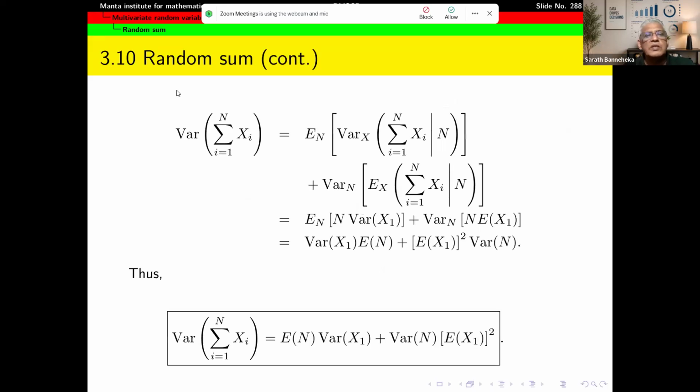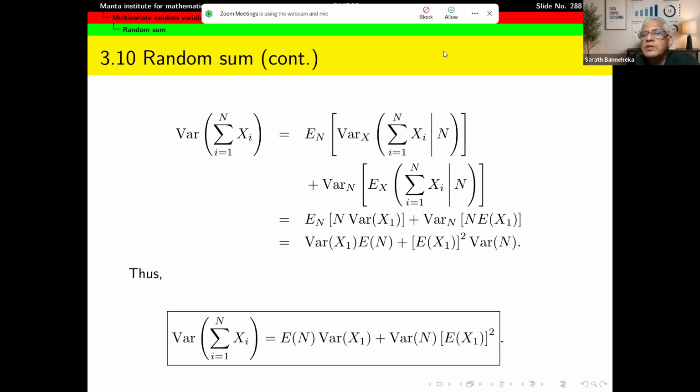Here we talk about a new topic called random sum, and some examples. What does random sum mean? We have already looked at a lot of situations where the quantity of interest is the sum of a fixed number of random variables.